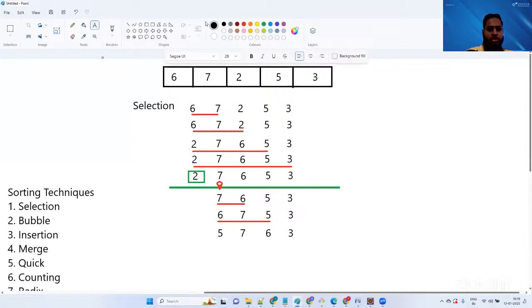The next, what will I compare? 5 with 3. Do I need to swap? Yes. So 3 comes at 5's place and 5 goes at 3's place because of swapping. And remaining 2 at the original place. 7 at its original place and 6 at its original place.